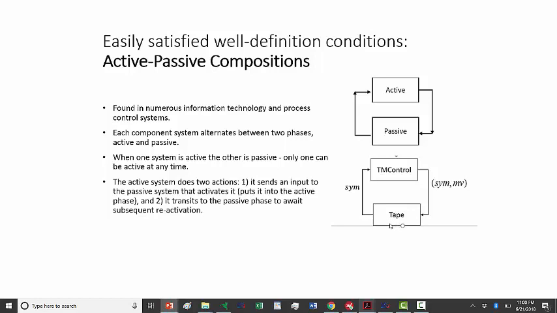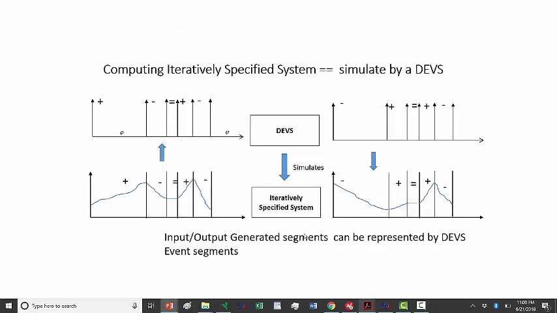The tape then moves according to the move instruction and writes the symbol, and then produces a symbol that is in the position and sent to the control. And this alternation between activity and passivity is generalized in this concept of active-passive composition. For such systems, the conditions that we just described are easily proved.